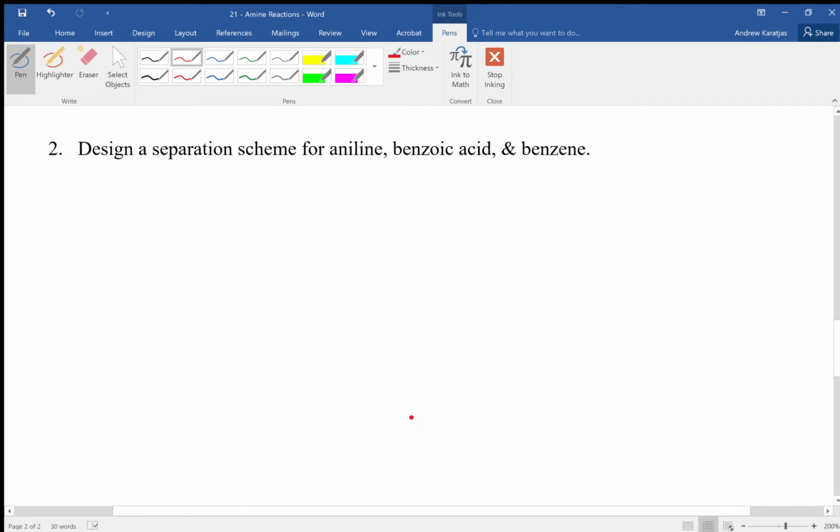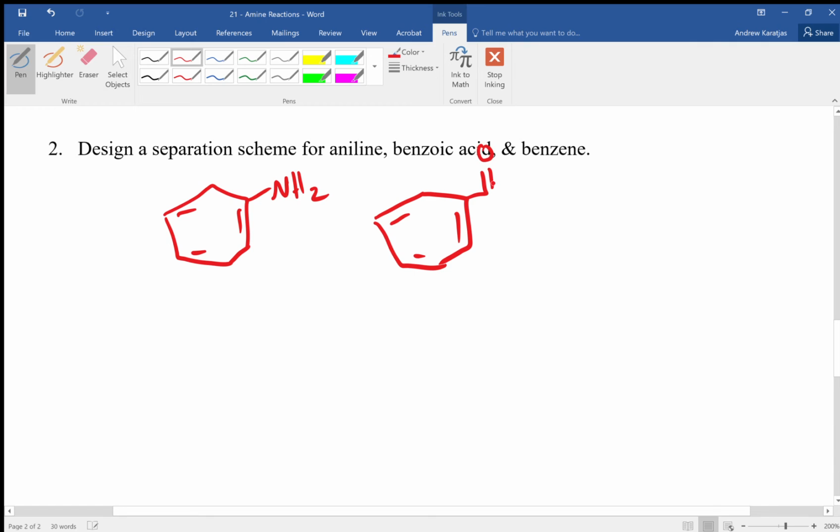Now, what does this matter for? What's it useful for? Well, one of the things it can really have an impact on is what you see here. So, question number 2 here says we have a mixture of aniline, benzoic acid, and benzene.